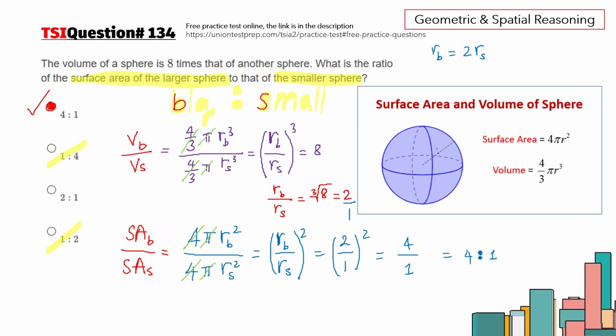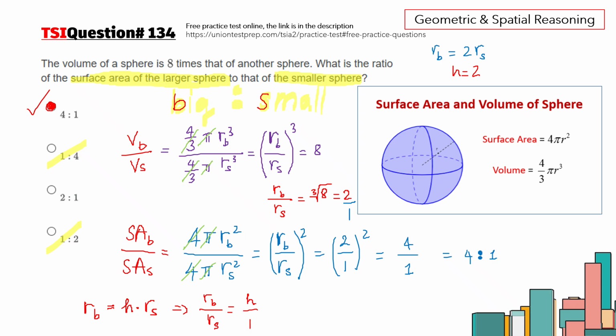So we know that if the radius of the bigger equals a number, let's call it h, which is kind of like the factor, in this case h equals 2, multiplied by the radius of the smaller one, then the radius of the bigger over the radius of the smaller will be h over 1.